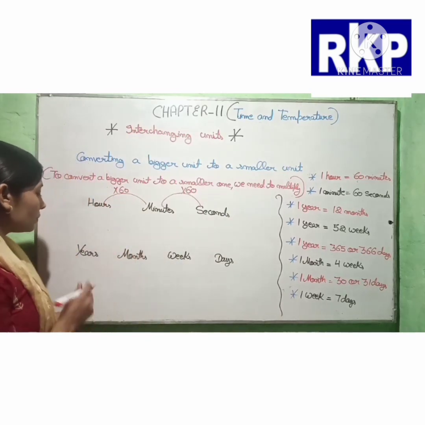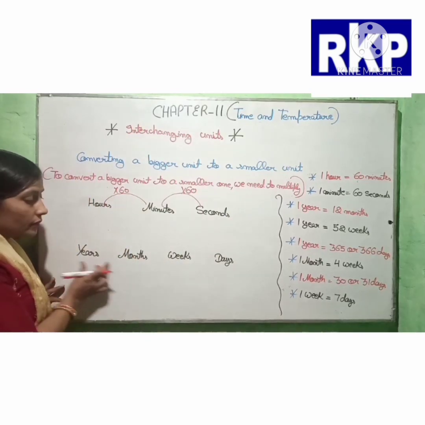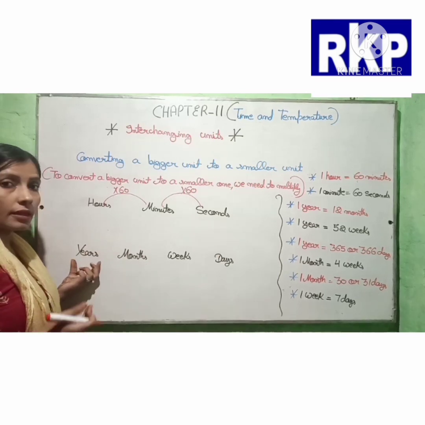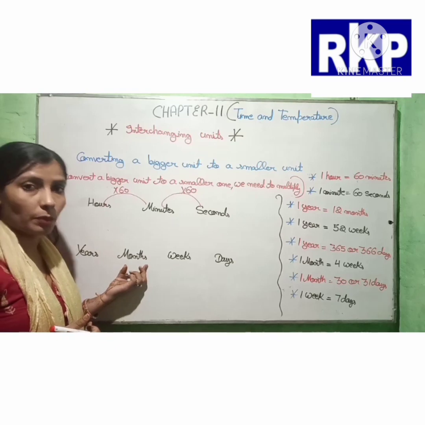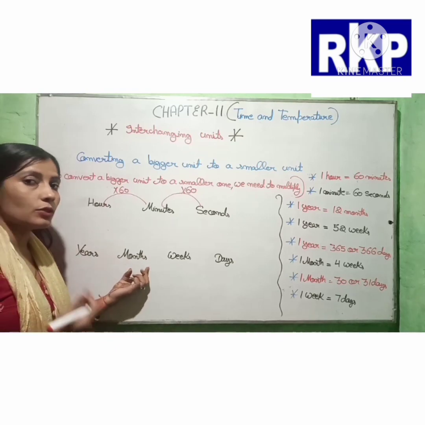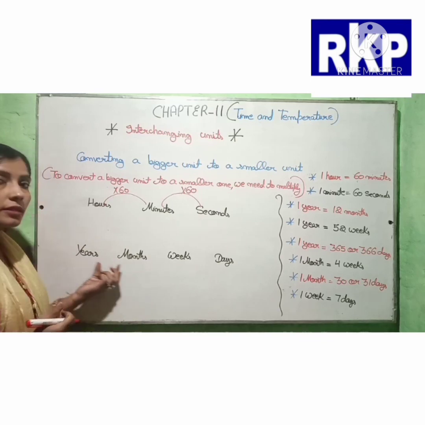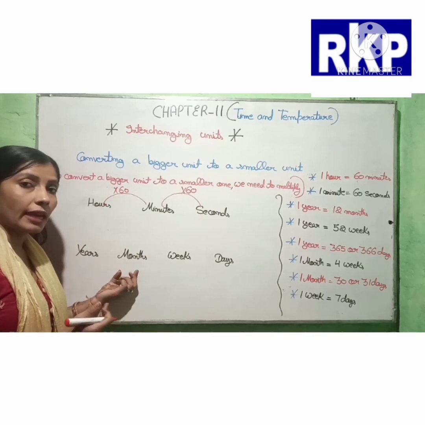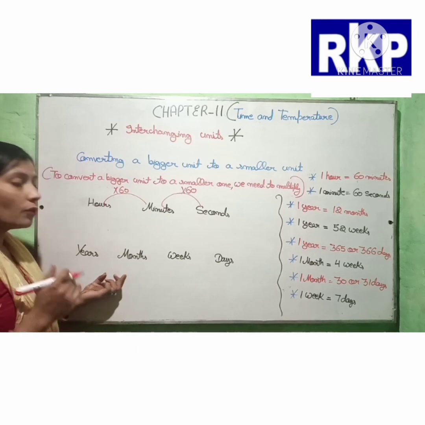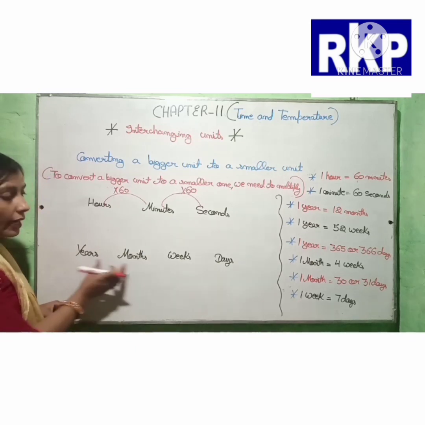Okay. Now here we have years and here months, and years is greater than months. This unit is greater than this. So when we convert years into months, then we need to multiply. But by which number? What is the relation between year and month?